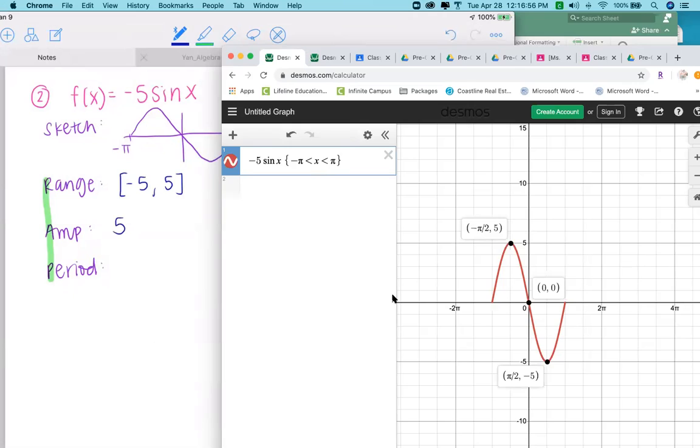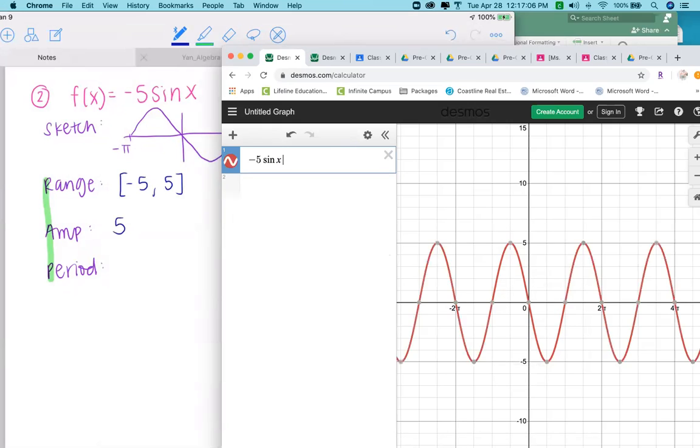And then period, because a sine graph looks like an S. If I show the whole entire thing, this is the S, and then the S continues again, and then another S continues. Technically from 0 to 2 pi, that's one cycle. Another cycle begins again from 2 pi to 4 pi.